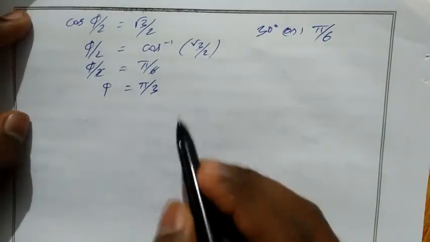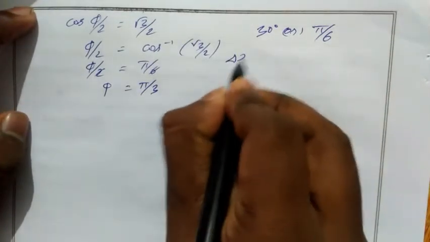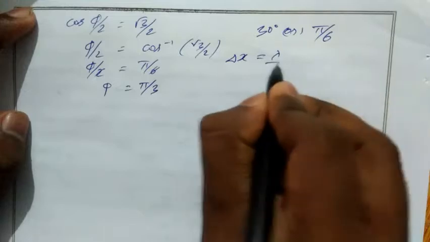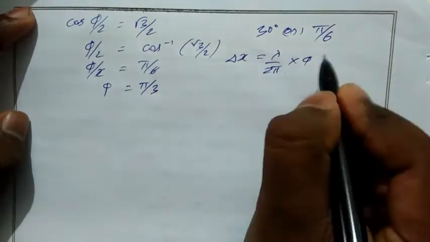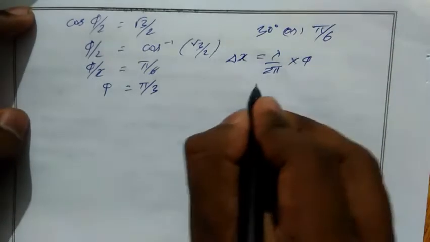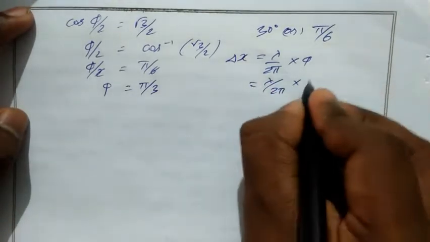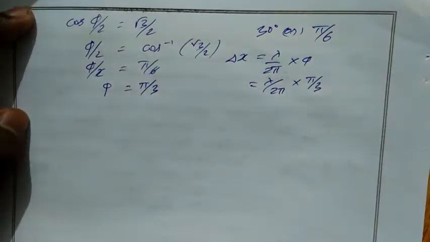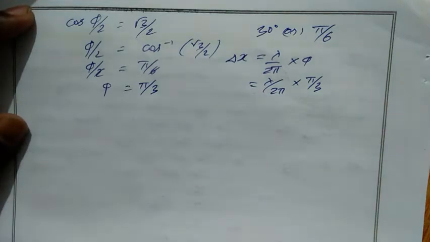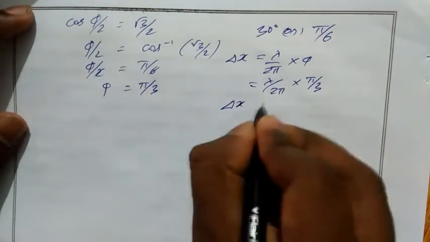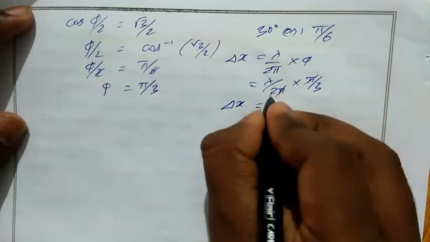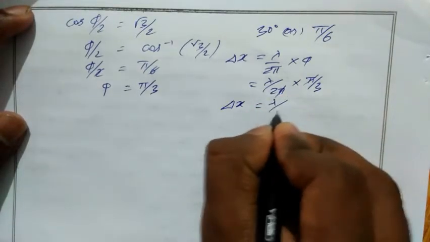Then take the path difference value, del x equal to lambda by 2 pi into phi. So lambda by 2 pi into, instead of phi, substitute pi by 3. Then we have del x equal to, pi gets cancelled, we have 2 into 3, 6, lambda by 6.